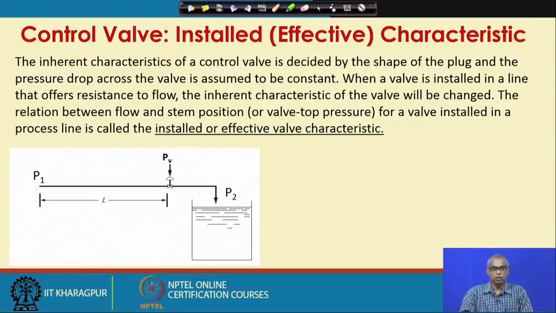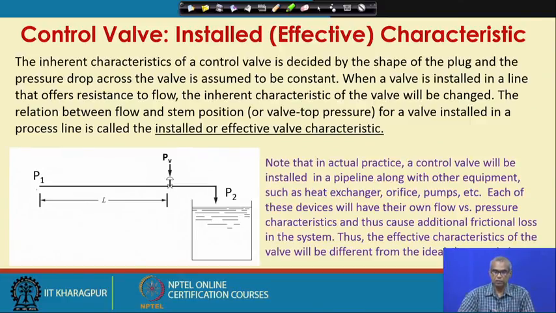As of now, we have talked about inherent characteristics. So, we talked about control valves in isolation. Control valves were not installed in a pipeline along with other devices. The inherent characteristics of a control valve is decided by the shape of the plug, and the pressure drop across the valve is assumed to be constant.